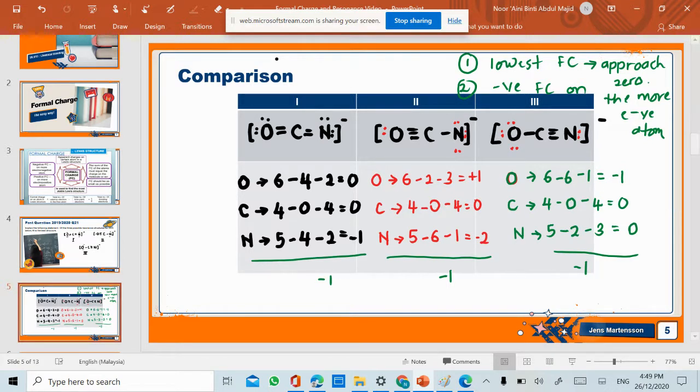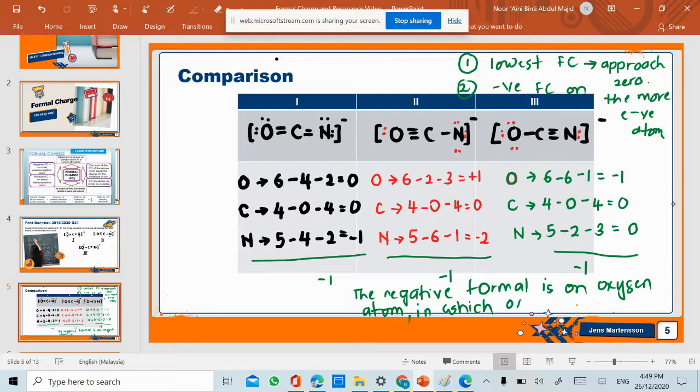And what is the reason? Because the negative formal charge is on the oxygen atom, in which oxygen is more electronegative than nitrogen.